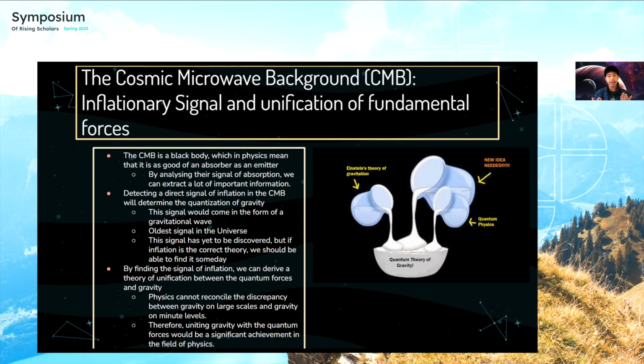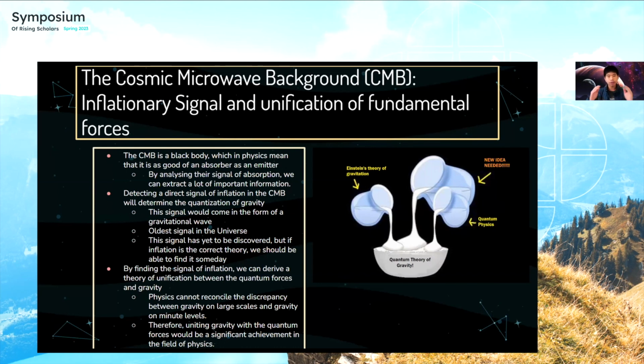Now, why is quantization of gravity such an important concept? Because physics right now has to use two contradictory frameworks to describe phenomena: quantum mechanics for objects at the minute level, and general relativity for things at galactic scales. And physics right now cannot reconcile that discrepancy.